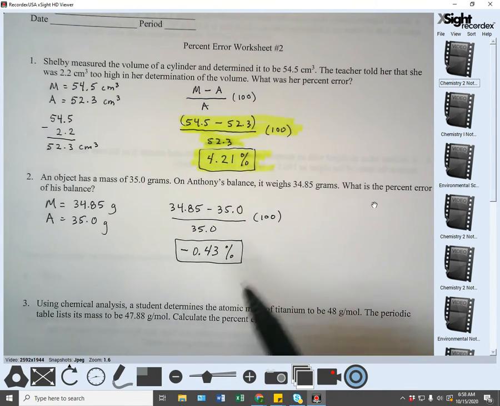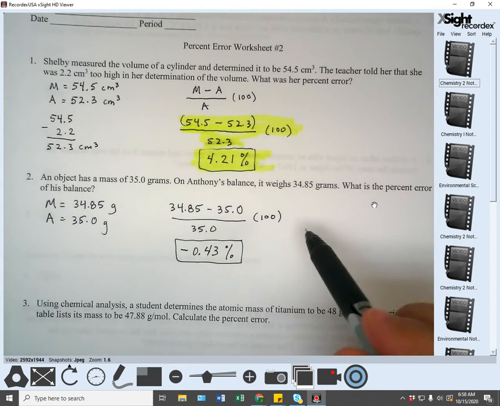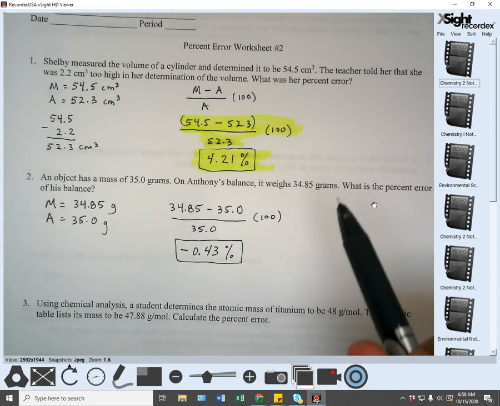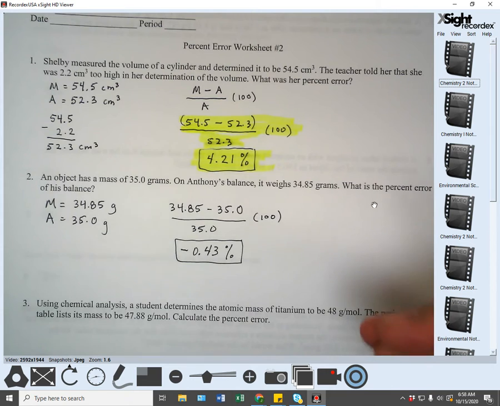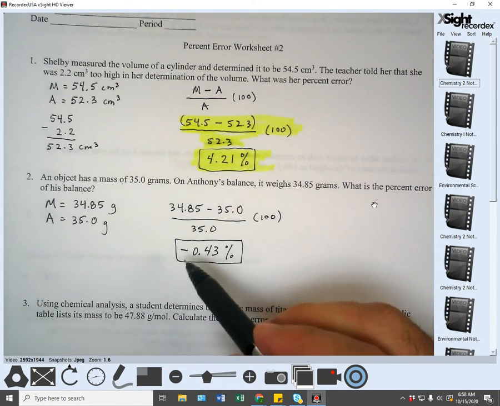The negative just means the measured amount was below what the perfect or actual amount, the accepted amount, should have been. The negative just means it's below.